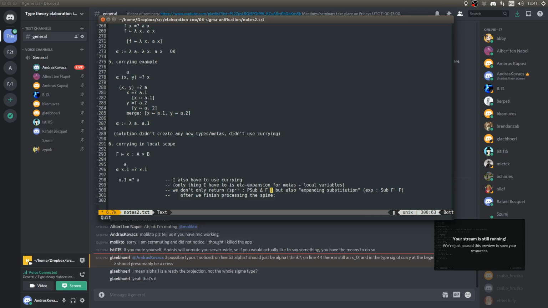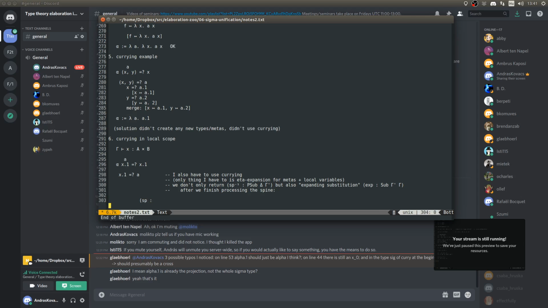So how does that work out? No, sorry. Just one moment. So the original SP went from gamma to delta. SP minus 1 should be partial from delta to gamma.